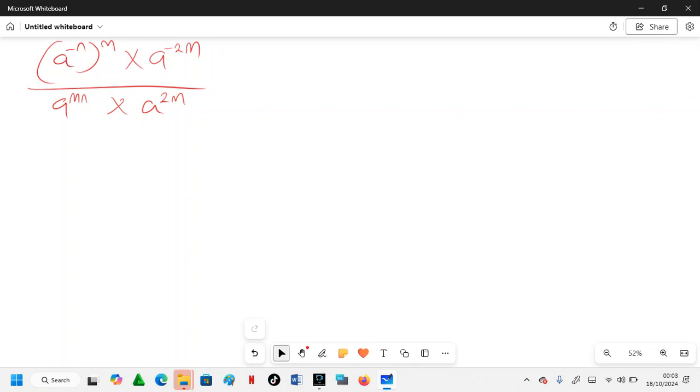And of course, the first thing is, let's handle the numerator first.